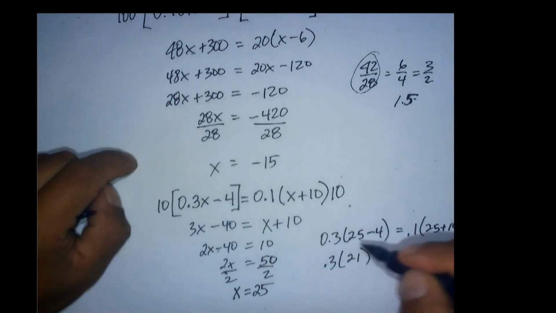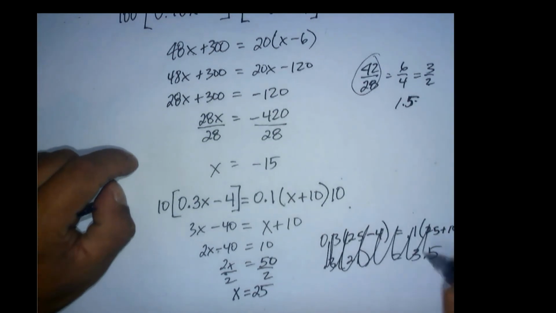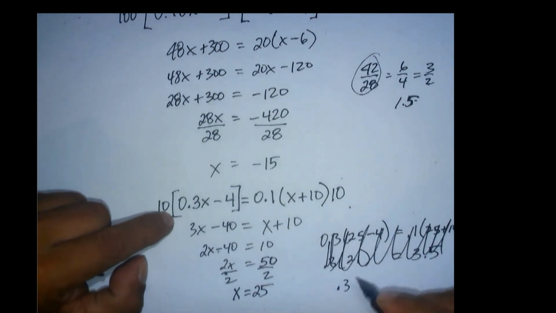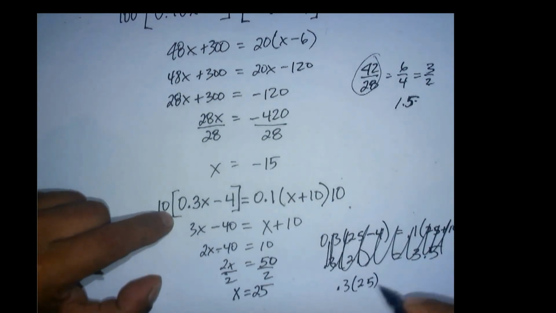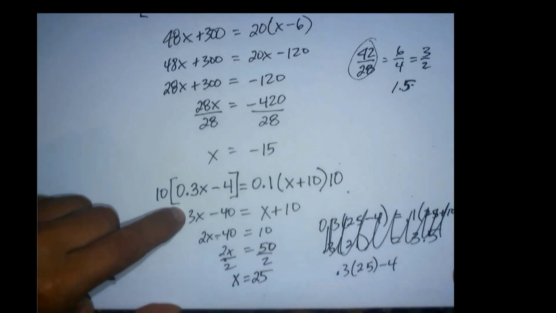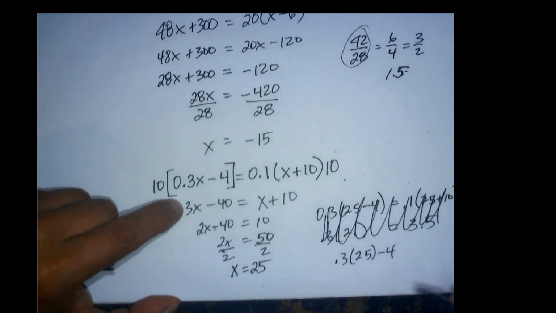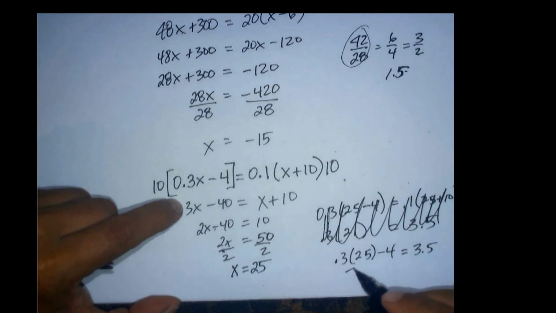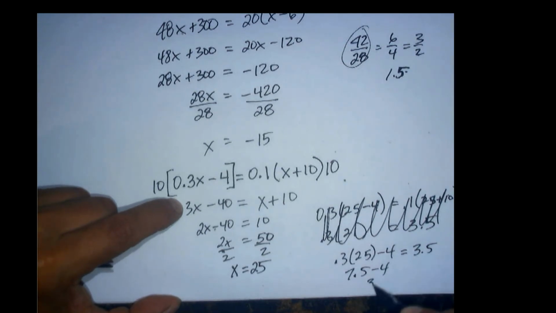Oh, I see where I screwed up. This was 0.3 times 25 minus 4, which is equal to, I already know that's 3.5. So this was 7.5 minus 4, which is 3.5.